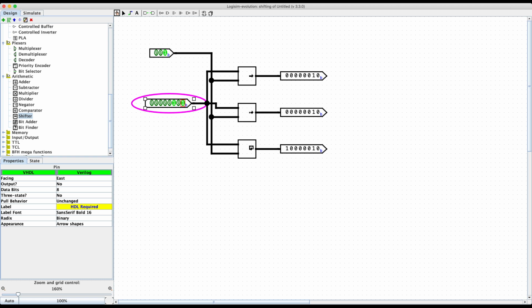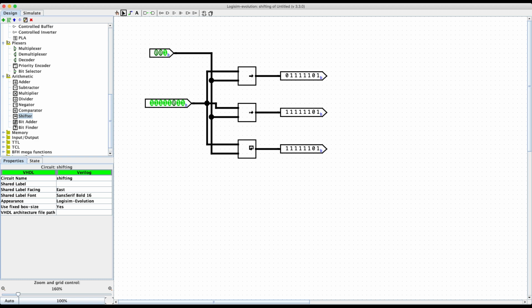We have to flip everything and add 1. So if I flip everything, there's everything flipped, and then what? Add 1. So what's sitting in this input now is the 8-bit pattern for -5. Do you guys buy that?